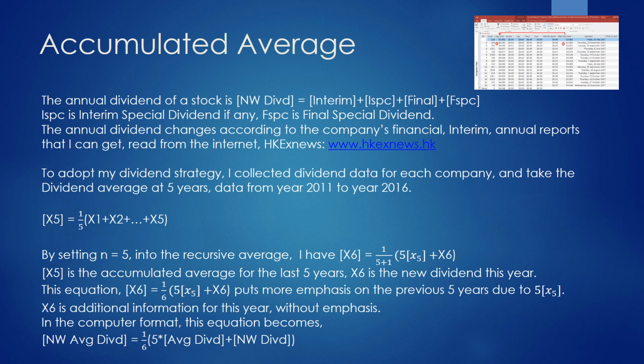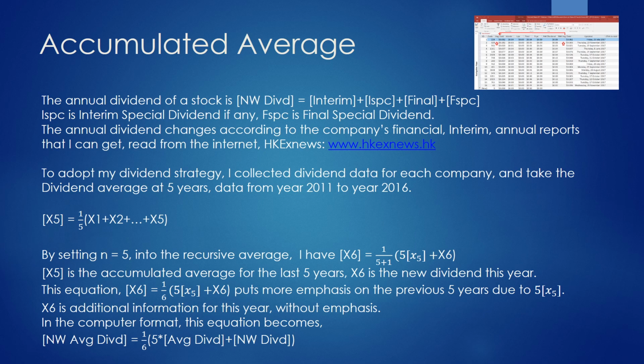By setting n equal to 5 into the recursive average, I have average x6 equal to 1 over 5 plus 1 bracket 5 times average x5 plus x6. Average x5 is the accumulated average for the last 5 years. x6 is the new dividend of this year.